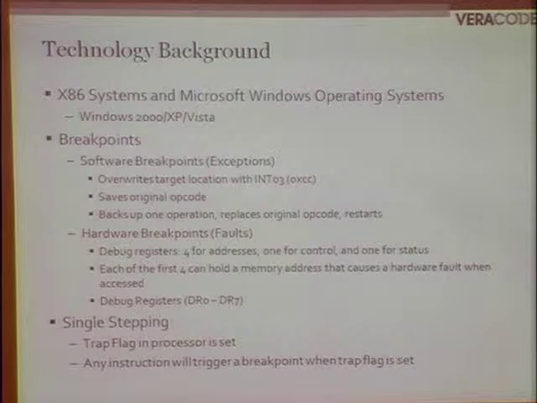So let's quickly go into breakpoints. A lot of anti-debugging methods involve detection, triggering, and other handling of breakpoints. Breakpoints are program locations where we want to stop or pause a process, right? So the debugger will say we want to stop on this particular instruction or this particular function call and allow the person running the debugger to actually get in there and analyze memory and analyze what certain variables are set to.